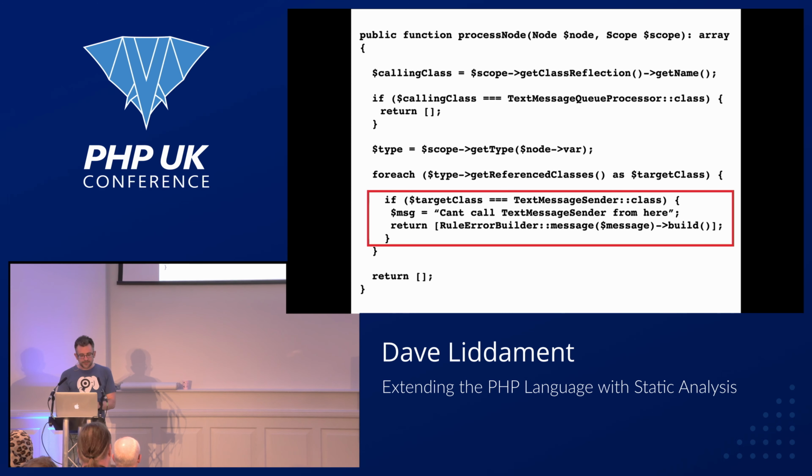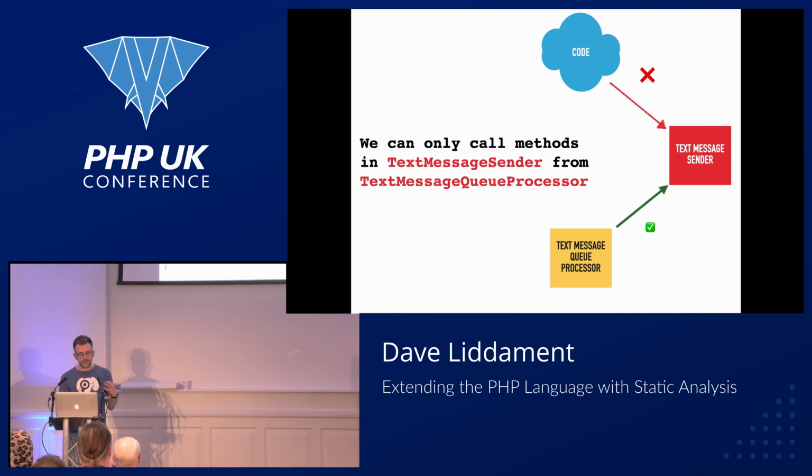And then what we do is we're saying if the target class is text message sender, then we are going to create a rule that says you can't call text message sender from here. Okay? So if we go back to our diagram, what's happening here is we are trying to call text message sender. That's the class that we're calling the method on.